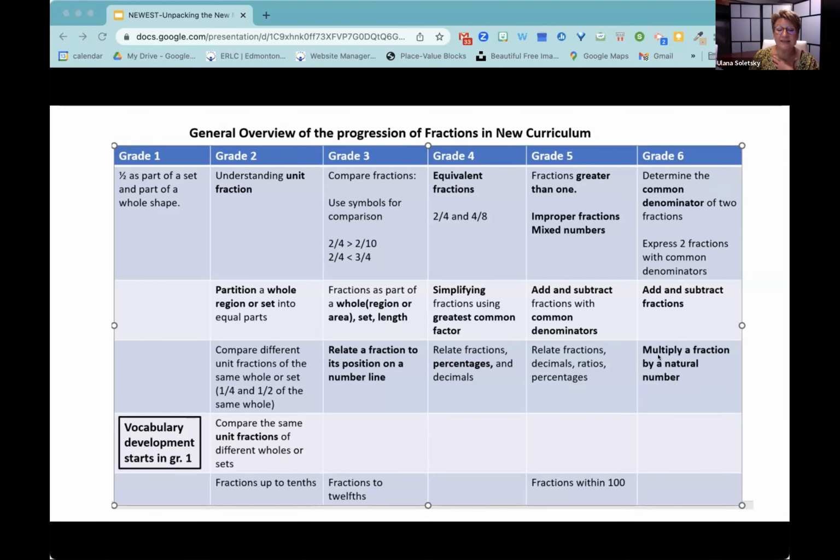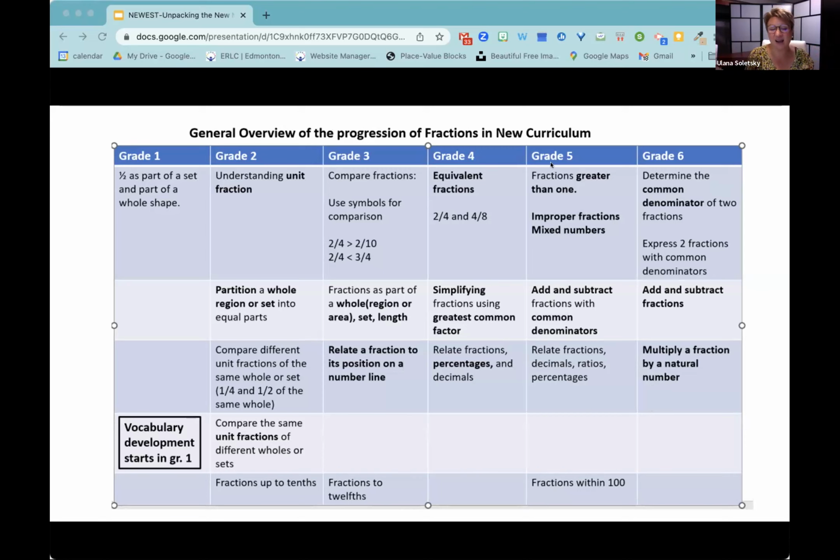And you'll see that in grade 6, we're not multiplying fractions by fractions, we're multiplying fractions by a natural number. So we're saying, for example, we have 3 times 3/4, a whole number times a fraction. Okay.